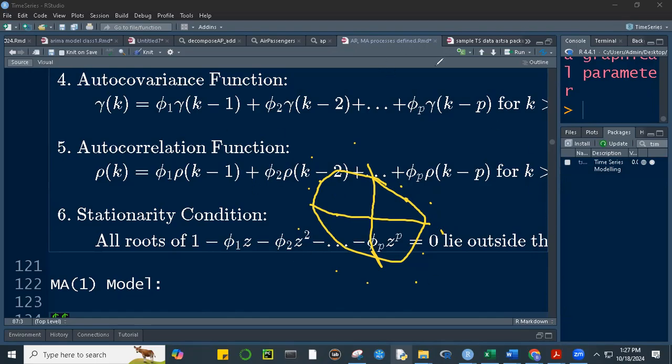Okay, so I'll just discuss the MA, class, and then we will go to the main topic today. I just wanted to make sure that this is very clear to you, class. An AR process is a process where we use the past values of your time series to model your time series itself. So how do you determine if it's an AR1, AR2, AR3?